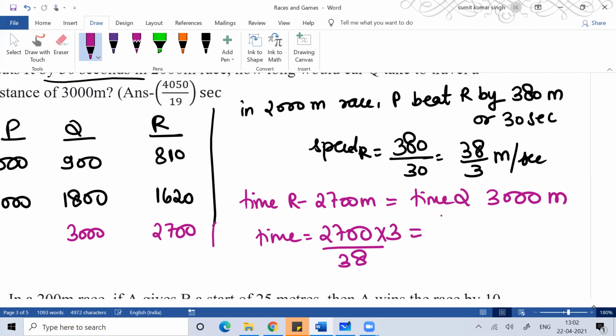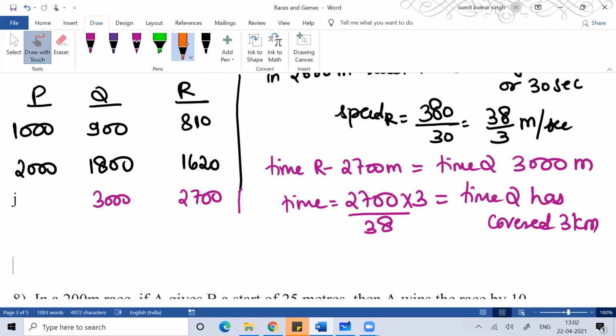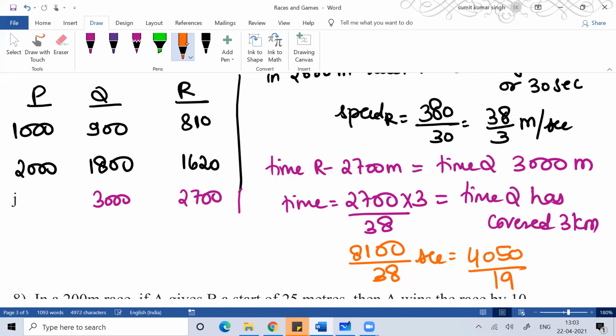In the same time Q has covered 3 kilometers, 3000 meters. You just need to solve it, and you can write the answer as 4050 by 19 seconds.